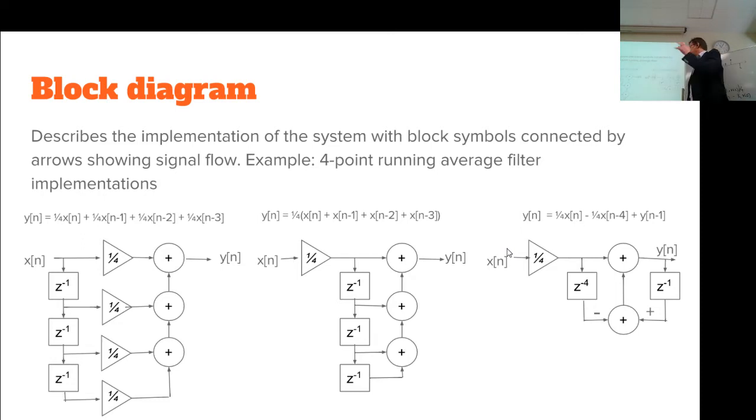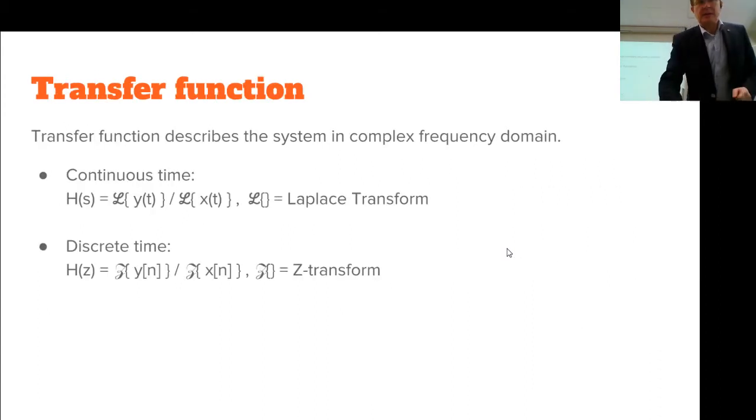So the block diagram shows the real implementation, how it's done, how you would do the program. It's a design for the program. All right. Okay, then the transfer function.